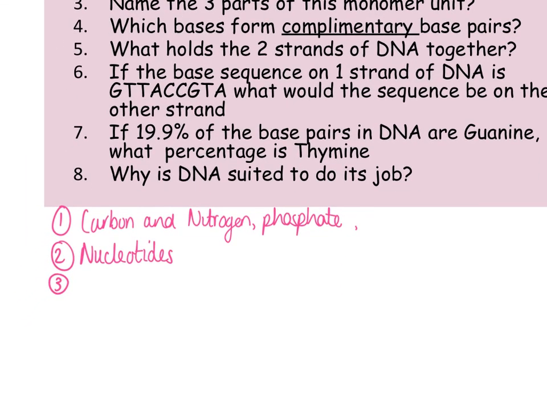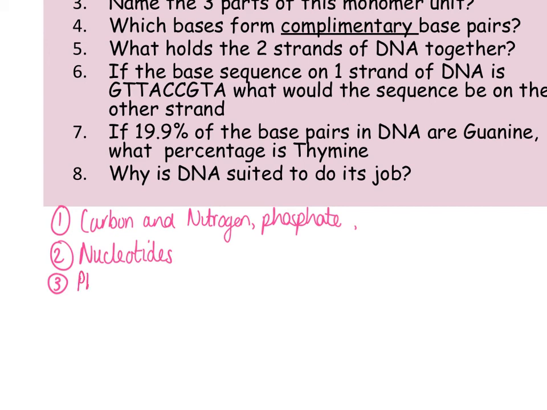Then name the 3 parts of this monomer. We've gone through this already. Phosphate, a sugar, and a base. Question 4. Which bases form complementary base pairs? Nice and easy. Adenine to thymine, cytosine to guanine.